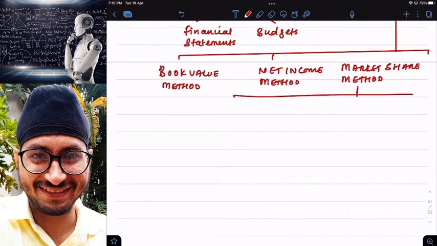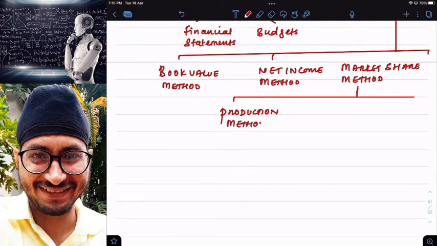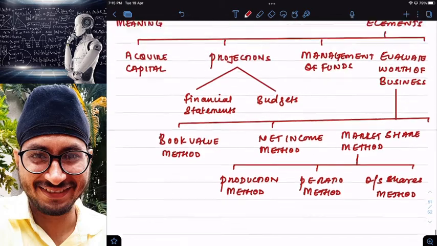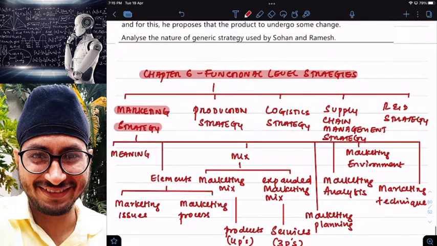In the market share method we have 3 methods: one is the production method, then the PE ratio method, and then the outstanding shares method. Clear? These are the methods we have. So I'll repeat once. Marketing strategy, how many concepts do we have, sir?